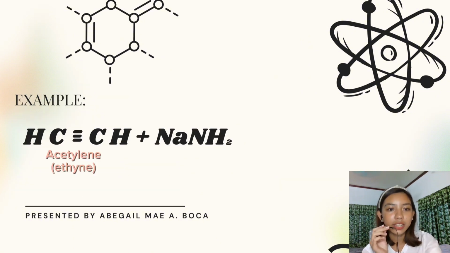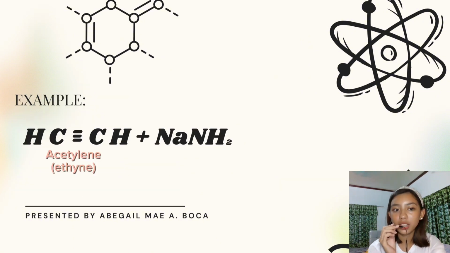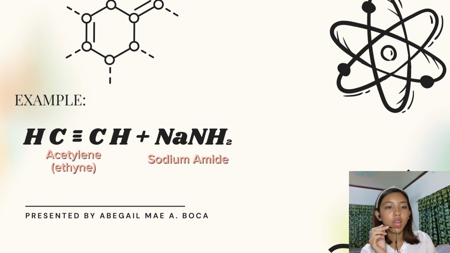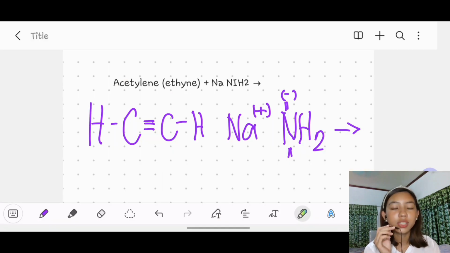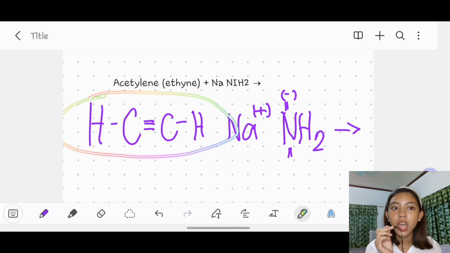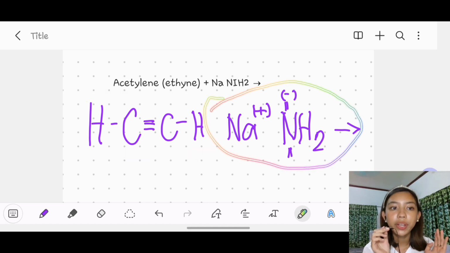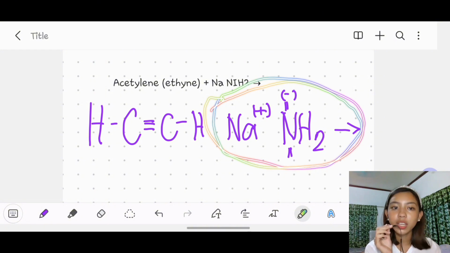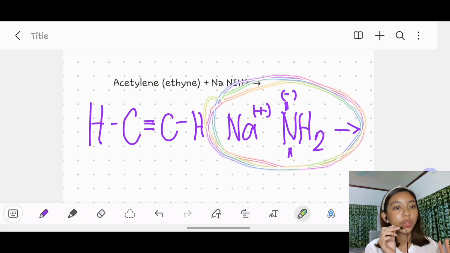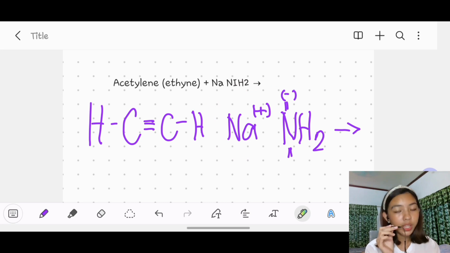So let's think of an example. Acetylene, which is a two-carbon alkyne, also known as ethyne, and we're reacting it with sodium amide. First off, I've drawn out the structure of acetylene, and also drawn our sodium amide in a bit more detail, recognizing that it is an ionic bond between sodium, which is toward the far left side of the periodic table, and nitrogen, which is farther toward the right.